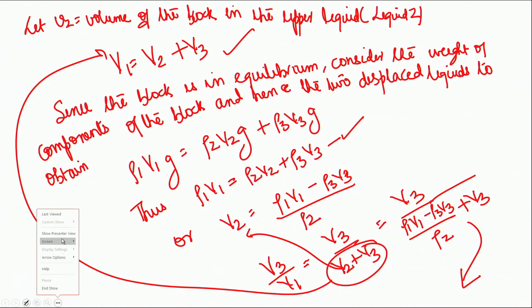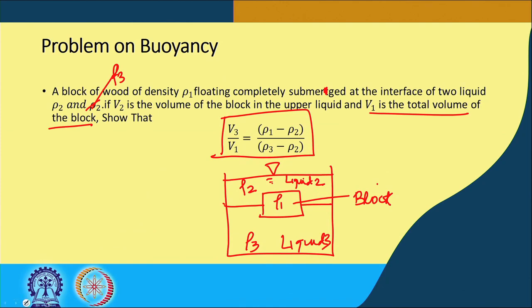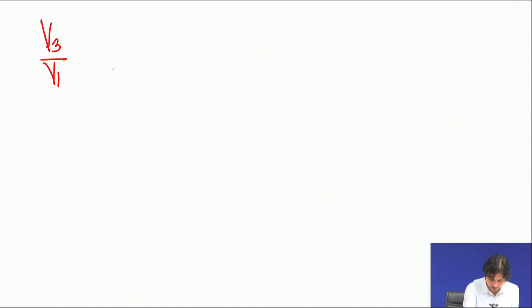So I'm going to the white screen. Okay, so V3 by V1 is going to be rho 2 V3. We are just simply expanding this, rho 1 V1 minus rho 3 minus rho 2 divided by rho 2.